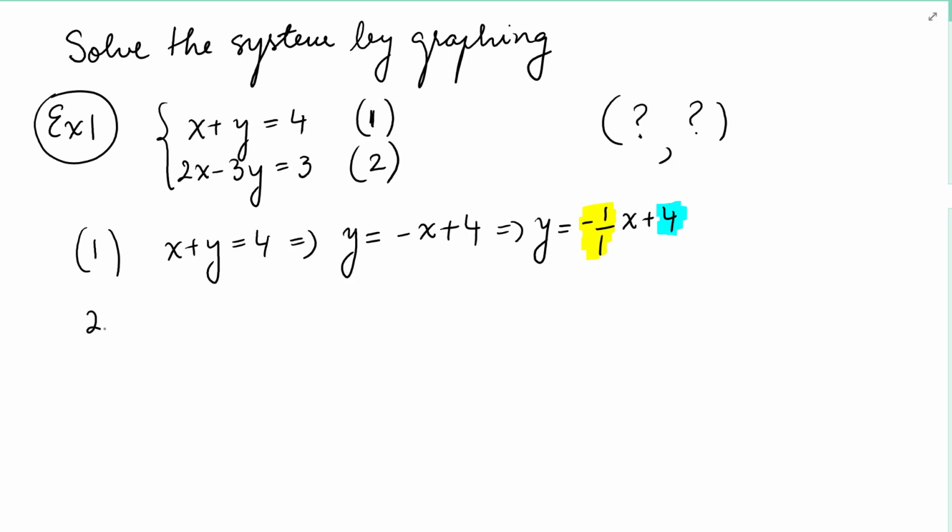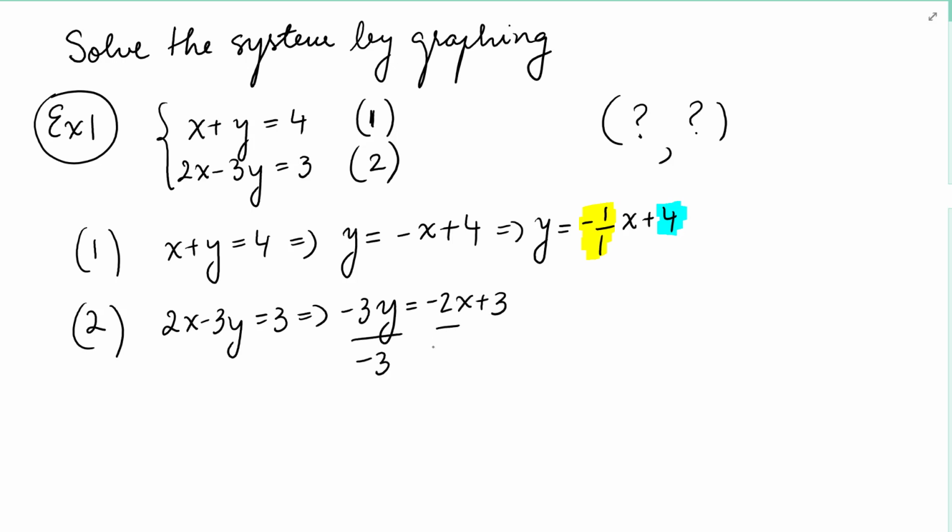Let's do the same with equation 2. So 2x minus 3y equals 3. I'm going to write negative 3y equals negative 2x plus 3 because I want to get y by itself. Divide by negative 3 and we get y equals 2 over 3x minus 1. So in this case the slope is 2 over 3 and the y-intercept is negative 1.